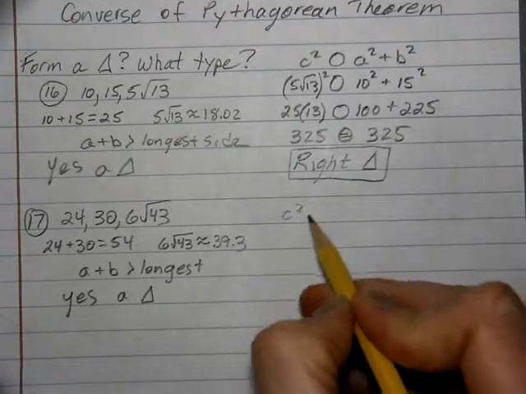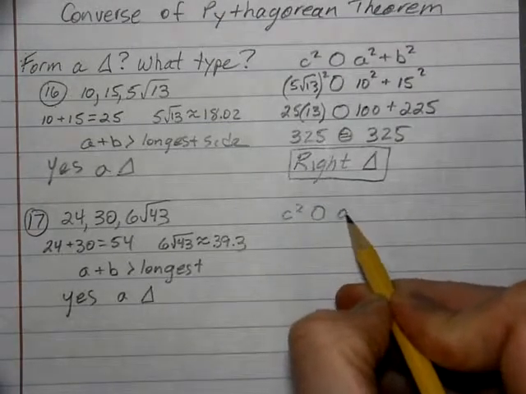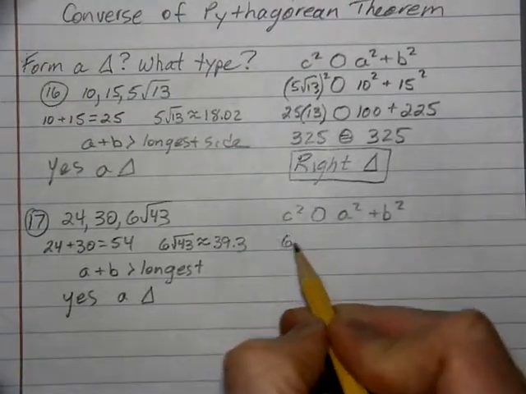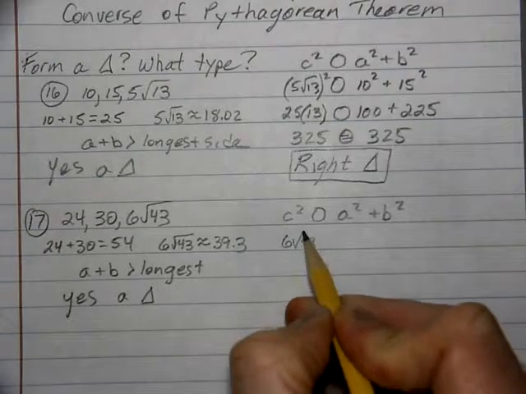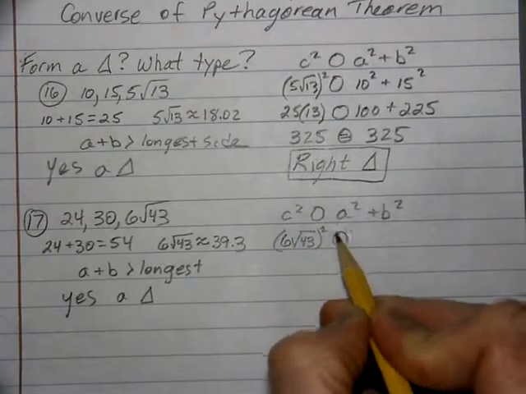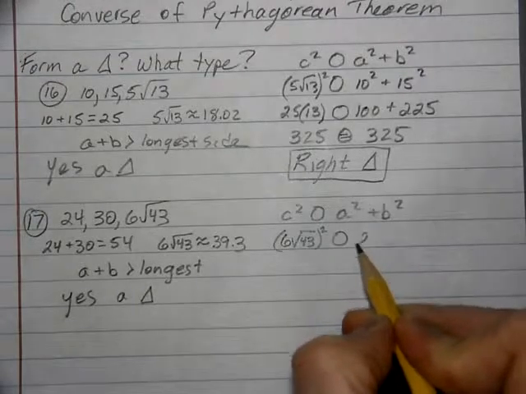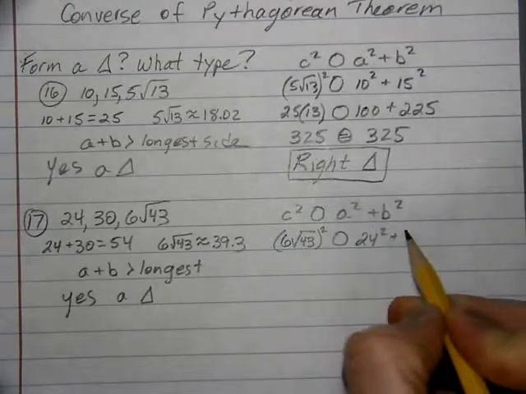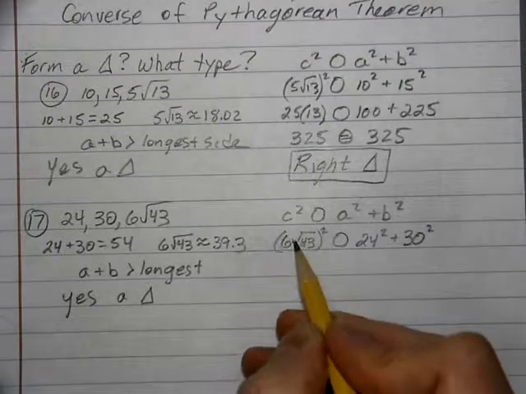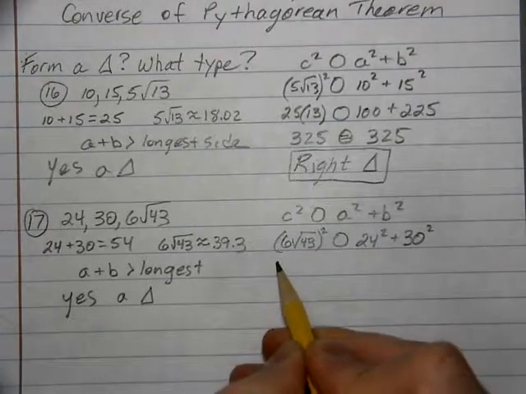So we're going to take our c squared and compare that to a squared and b squared. 6 square root of 43 squared is compared to 24 squared and 30 squared. Well, when you square something like this, you square the 6.